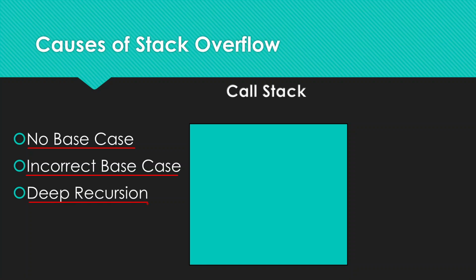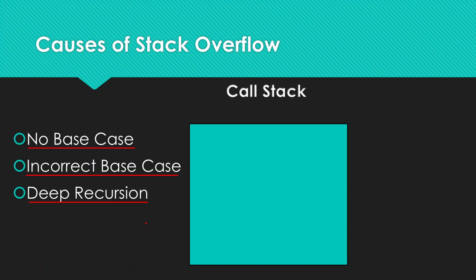So we have something called the recursion depth that, for example, Python has implemented. In order to avoid stack overflow, Python allows a maximum of 1,000 items in the stack memory.